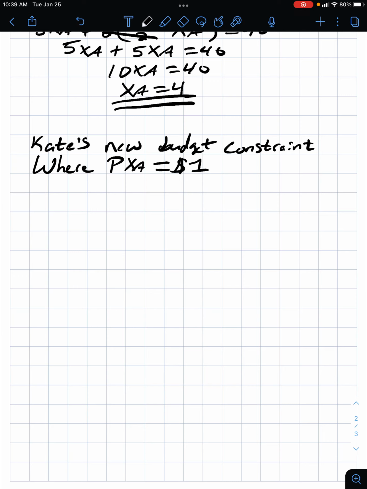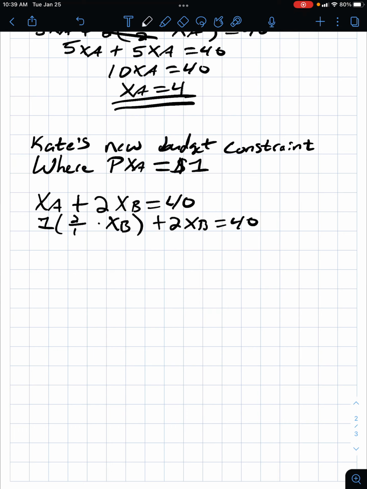So her new budget constraint is x of a plus 2x of b is equal to 40. Let's solve for x of b first. We get the price of x of b, which is 2 over 1 times x of b, plus 2x of b is equal to 40. Let's cancel: 2x of b plus 2x of b is equal to 40. 4x of b is equal to 40. x of b is equal to 10.